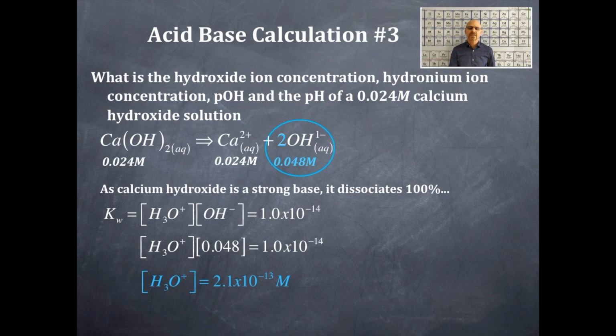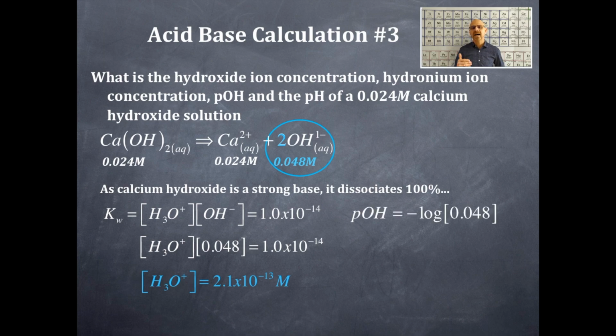Now from this, I still need to get the pOH and the pH. I have a variety of different ways of manipulating all those equations that you have memorized, so it doesn't matter which route you take. You could take the negative log of the hydroxide ion concentration and get the pOH, or use the hydronium ion concentration, or try another alternate method.